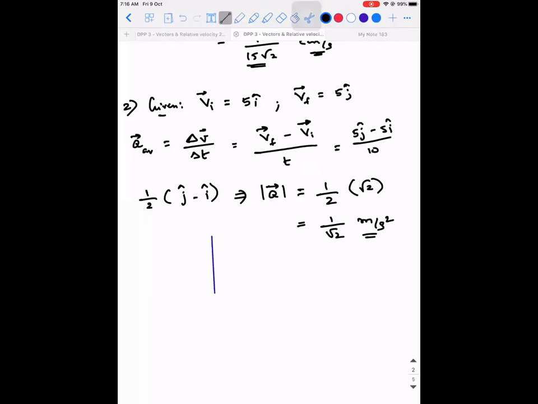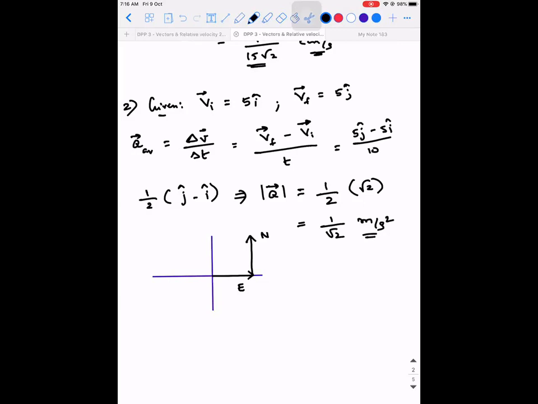So the idea is very simple. What you told is right. The particle was initially moving in this direction, then it went in this direction, right? There is east, north. They've told northwest. They didn't say north of west or west of north. Northwest means exactly 45 degrees.